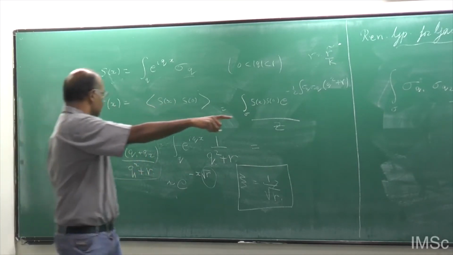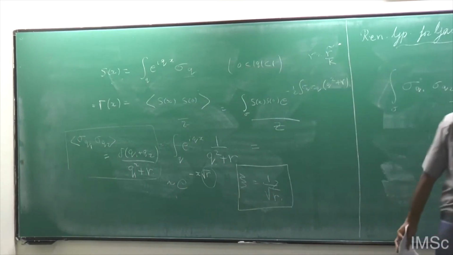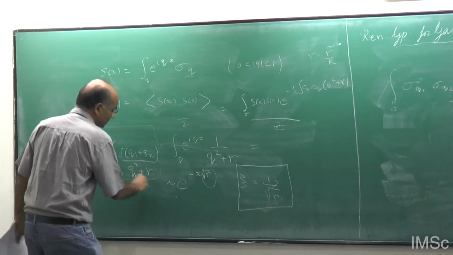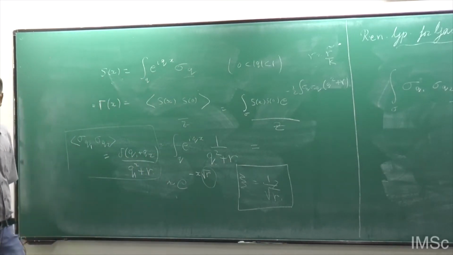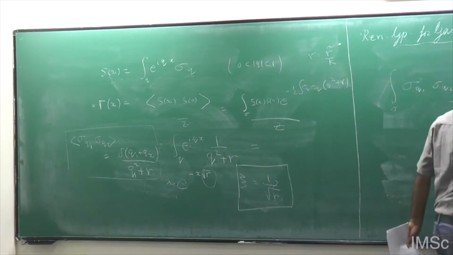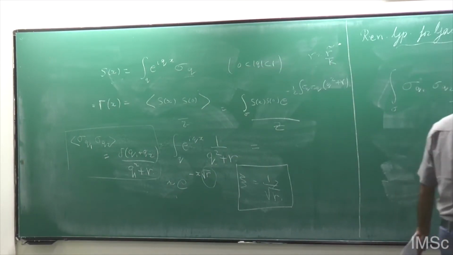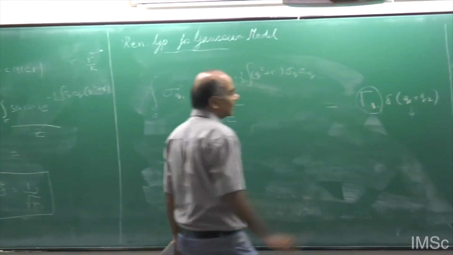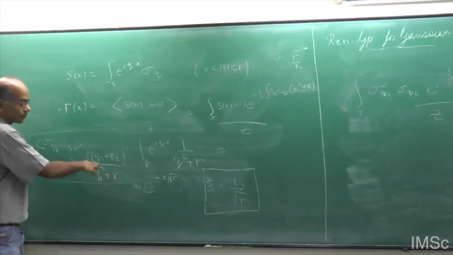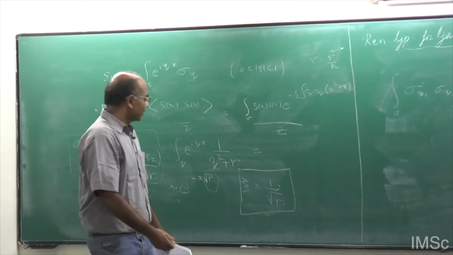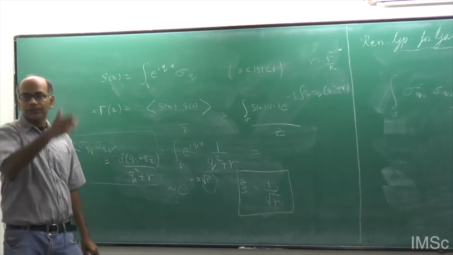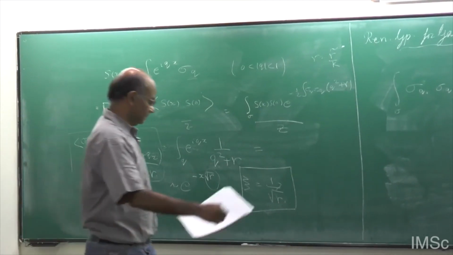So our gamma of q in our example is this, 1 over q squared plus r. I'm just defining the 2-point function in momentum space, taking out the momentum-conserving delta function. So it's just this functional form, 1 by q squared plus r. In this case it's very simple, but it's useful to have a general definition which you can use in more general cases.